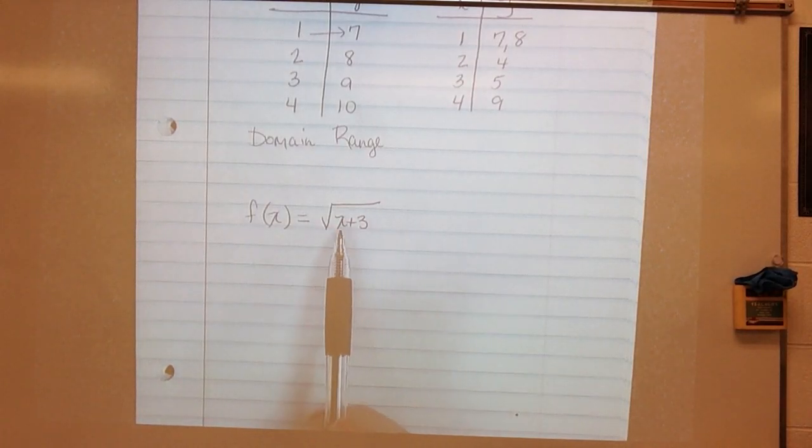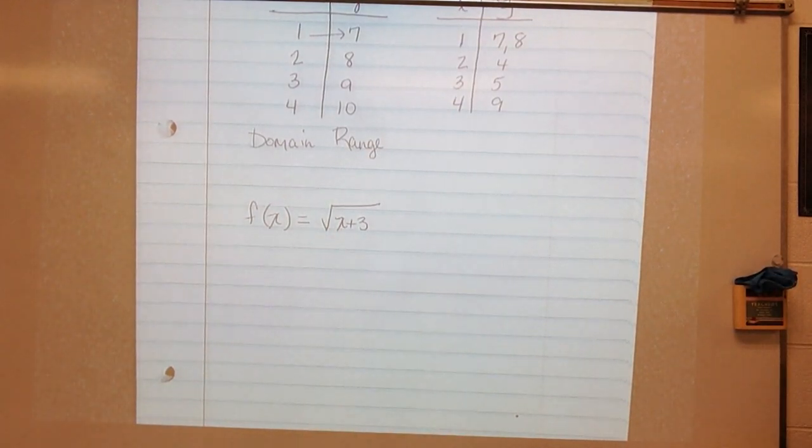I can put in a -3 and I would get the square root of 0. I can find the square root of 0. All right? I can put in a 2 and I would get the square root of 5. I can find the square root of 5.